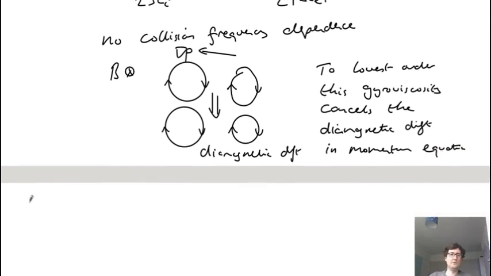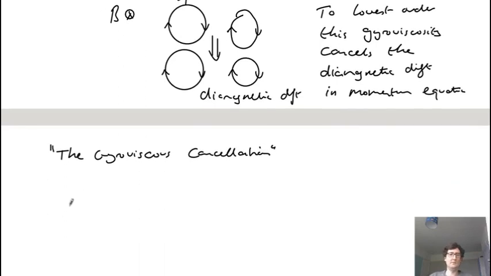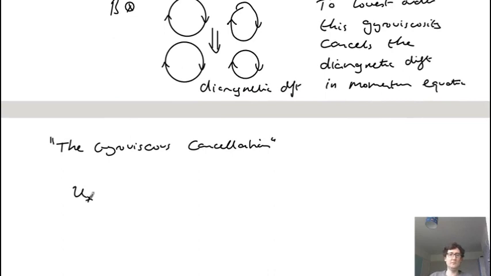So this is called the gyroviscous cancellation, and it appears in many different forms. Particularly in reduced MHD, there are many different ways this appears. So there's gyroviscous cancellation. And this effectively says that the advection of momentum by the diamagnetic drift, which is called u star, is roughly cancelled by the divergence of this pressure from the gyro terms.